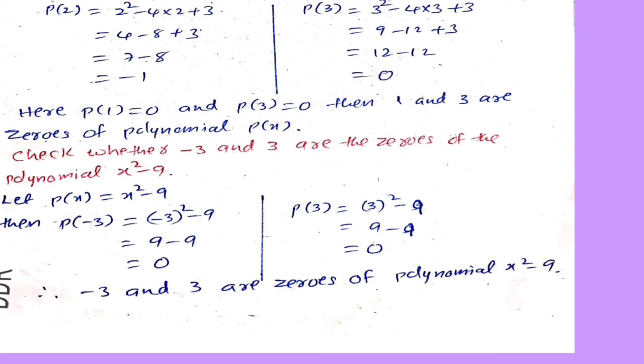See here, minus 3 whole square is 9, so 9 minus 9 is 0. So after substituting 3 and minus 3, I got 0 in both situations. So we can say that minus 3 and 3 both are zeros of the polynomial x square minus 9.